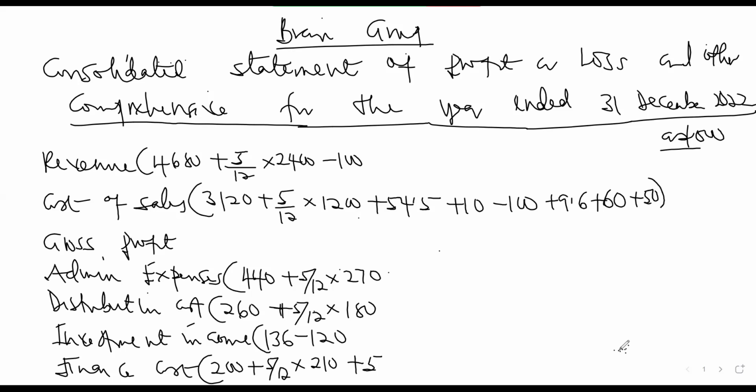5/12 multiplied by 2,400 plus 46.8 minus 100. What are you getting for the revenue? I'm having 5580. Senior, yes, please. The depreciation in figure 40, won't it count to cost of sales?